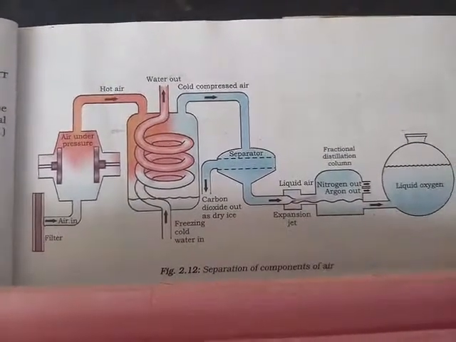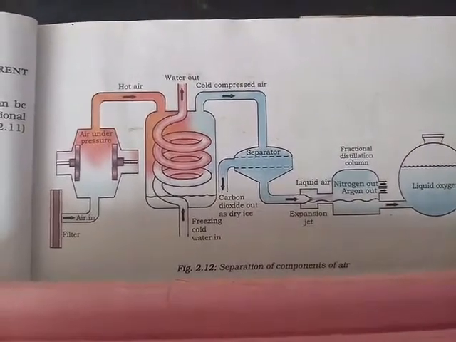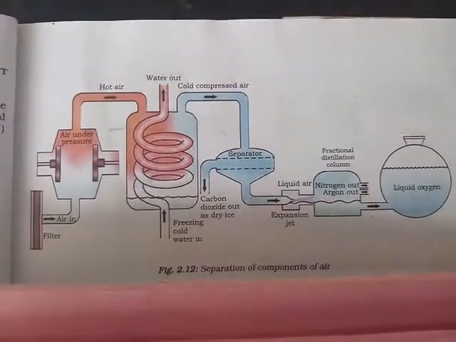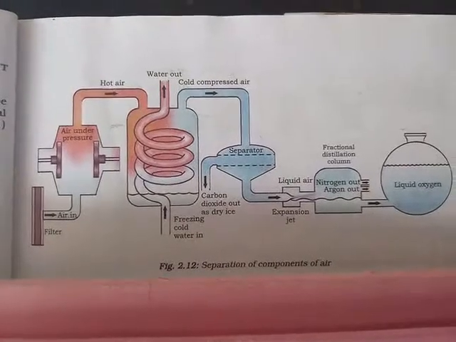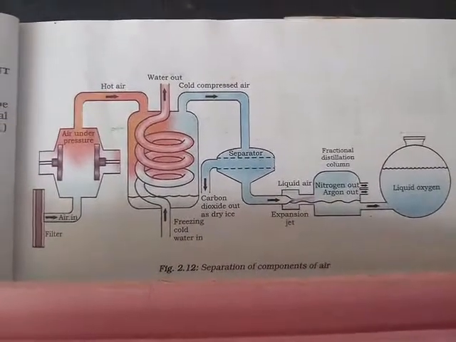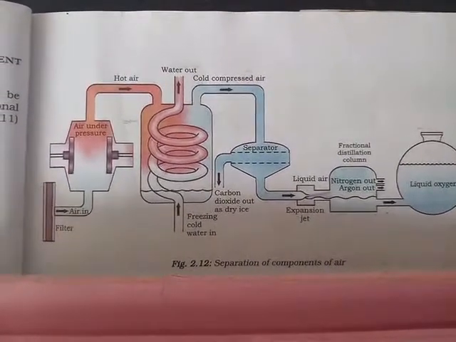After this, the liquid air is allowed to slowly warm up in the fractionating column. Nitrogen boils at minus 196 degrees centigrade and is separated out. Argon separates at minus 186 degrees centigrade.